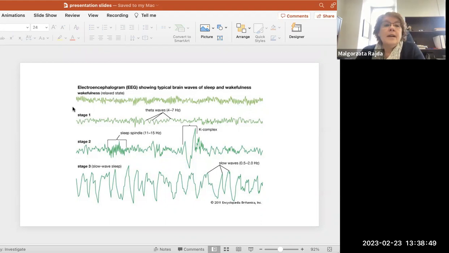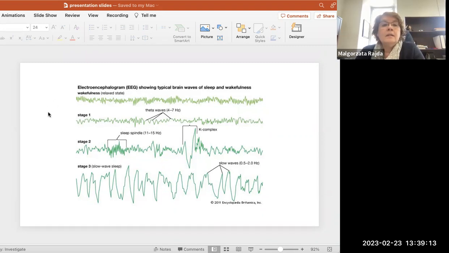And you will see the faster activities that are associated with a more robust state of wakefulness. For example, here in the top line, we see a mix of alpha and beta waves. When we start seeing the alpha waves, that's a more relaxed state, but still wakefulness.